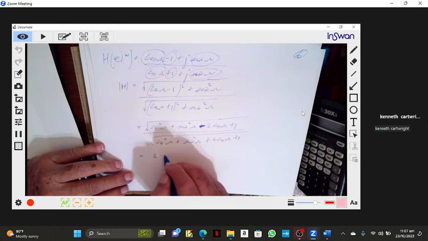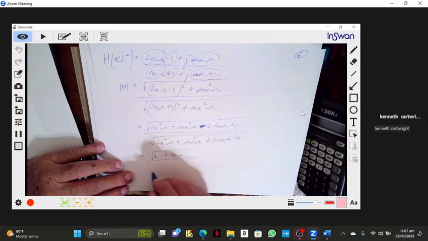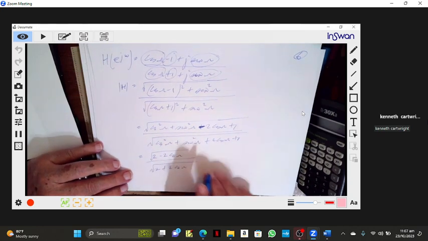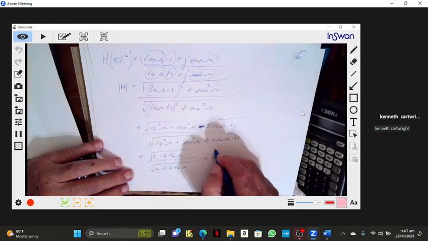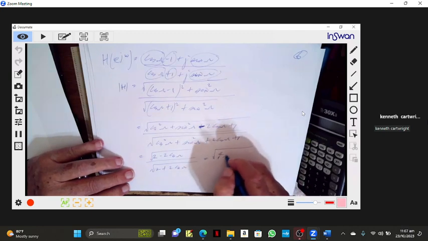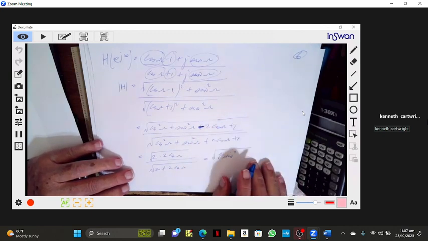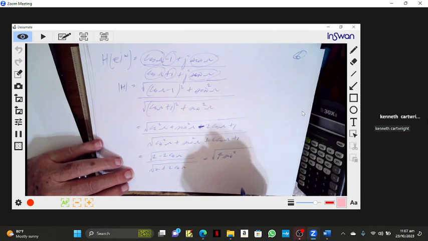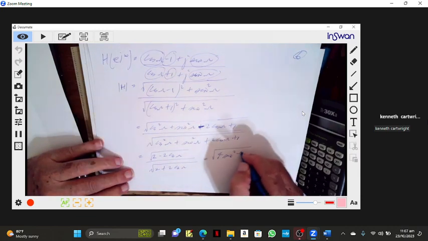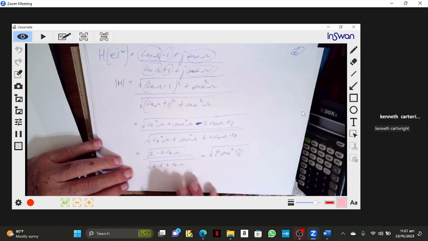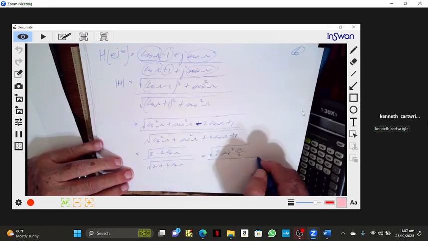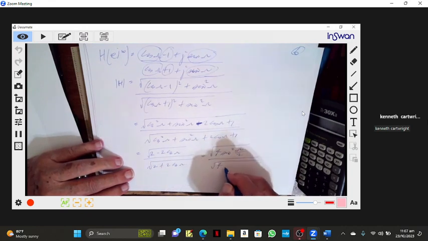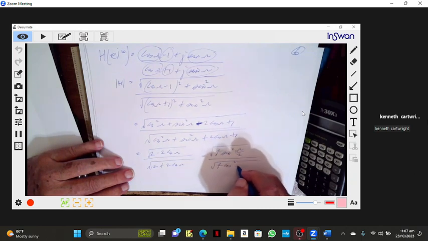So the top is the square root of 2 minus 2 cosine omega, and the bottom is the square root of 2 plus 2 cosine omega. If you know your identities, the top is the square root of 4 sine squared omega over 2, and the bottom is the square root of 4 cosine squared omega over 2.